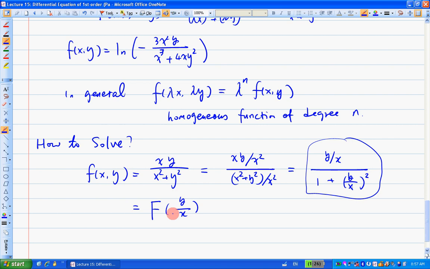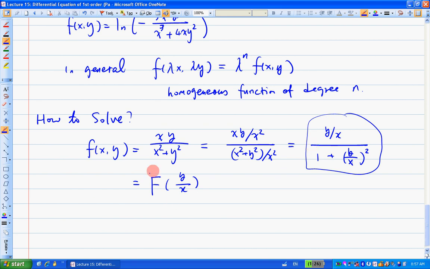Is that good? Yeah. So actually quite simple, because y over x is a ratio, right? If I replace y with lambda y, x with lambda x, the lambda doesn't really matter. Lambda just gets cancelled. Okay? Yeah.